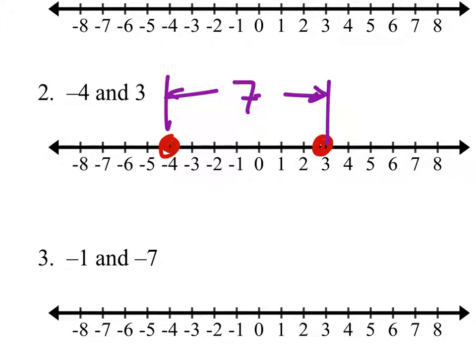What type of operation tells us distance? Subtraction. Very good. So if you can find the distance between two numbers, it's kind of the same thing as subtracting them. It's just we got to know which direction we're going, because if we went to the left from 3 to negative 4, then what is the difference between those two?